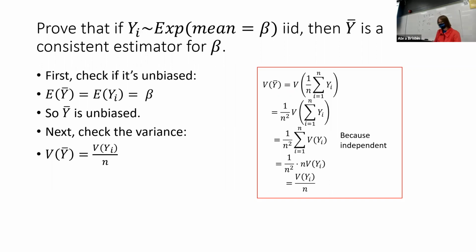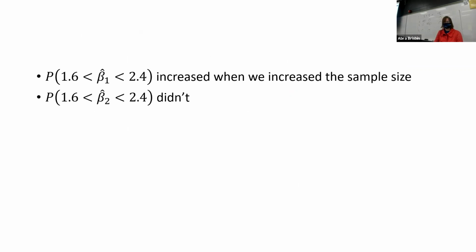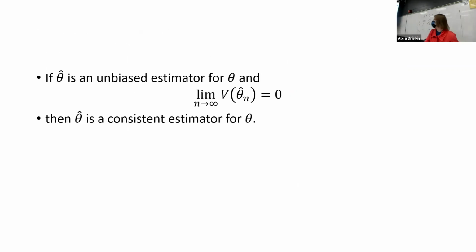So finding the variance is going to let us use this approach for checking whether our estimator is consistent. Because we showed that it was unbiased, so this approach will apply. Davis asks, does this approach work the other way, that if it doesn't approach 0, it's not consistent?